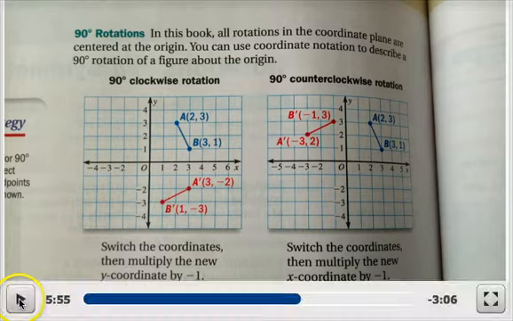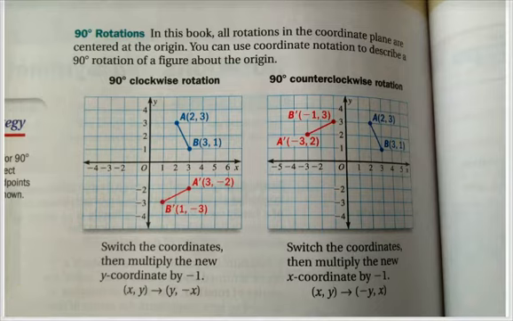Let's look at a couple other situations you might want to think about. In your book there are some helpful pages you might want to take a quick note of. On page 742, there's a really nice description of the different types of 90-degree rotations: a 90-degree clockwise rotation and a 90-degree counterclockwise rotation.